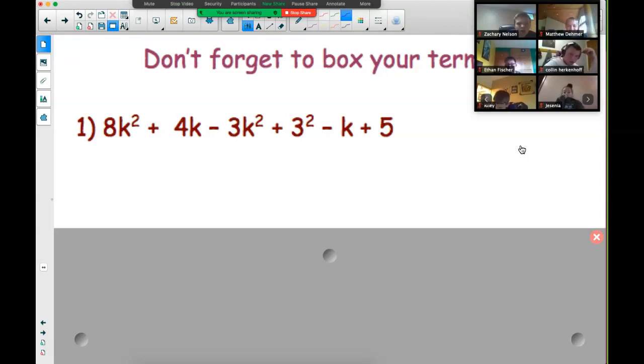Okay, and literally, you guys, try not to make this more complicated than what it needs to be. Start at the left. How am I going to show 8k squared? Carson, go ahead. 8k squared. Yeah, so you're going to write k squared 8 times.